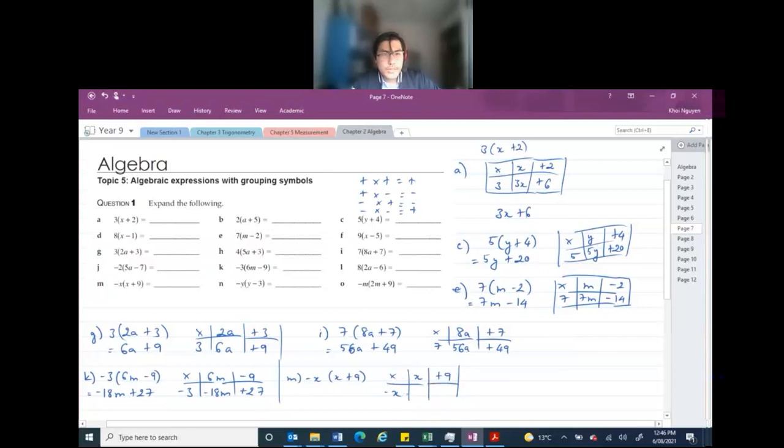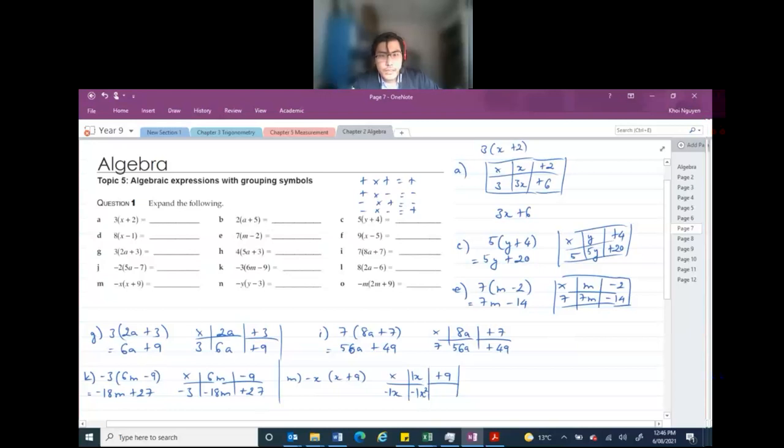Okay, multiply these together. Now remember this is actually a negative 1, and in front of the x here, even though there's nothing, there's a 1 there. So negative 1 times 1. Negative and a positive is a negative. And 1 times 1 is 1. And we've got two x's, so x squared. Okay, x times x, that's x squared.